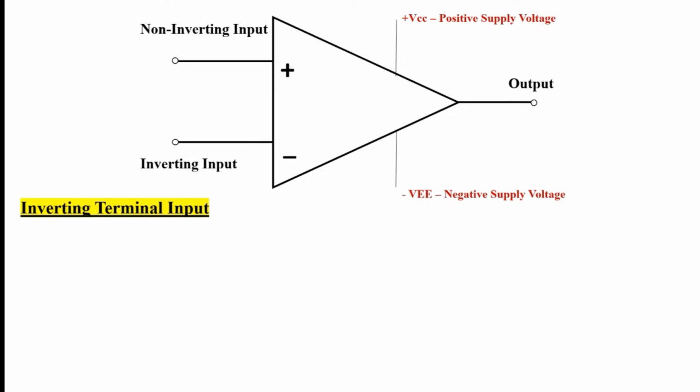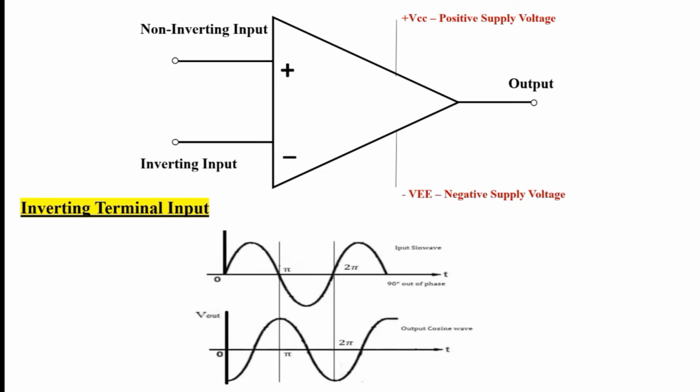If we connect the input signal to this terminal, then the amplified output signal is 180 degrees out of phase with respect to the input. As you can see in the figure, we have given a sinusoidal input to the inverting terminal, and the output is 180 degrees out of phase.